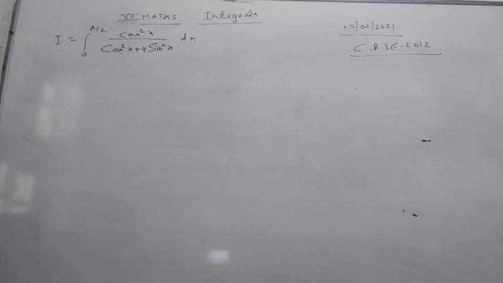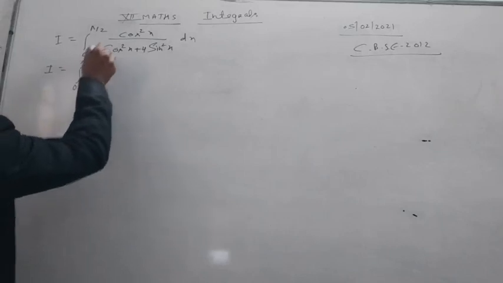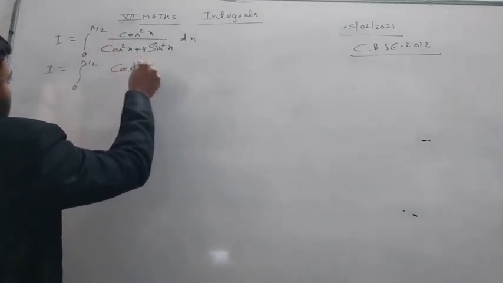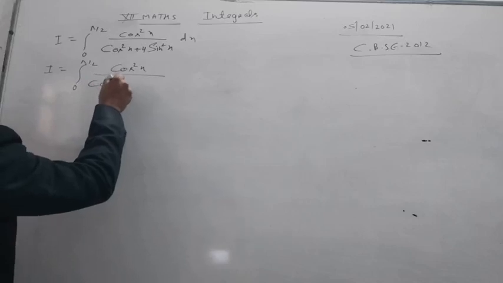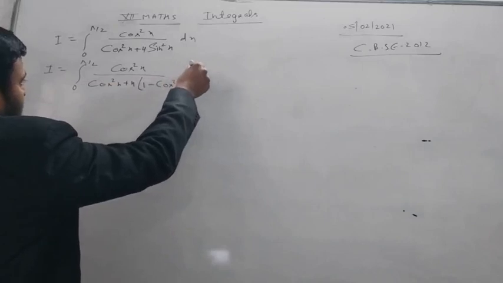Okay, students. So first of all, what we will do, we will change this sin square x into 1 minus cos square x. So let us start, students. Our I is the integral from 0 to pi by 2 of cos square x by cos square x plus 4 into 1 minus cos square x dx.